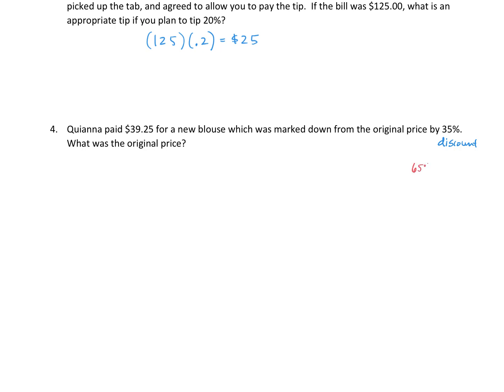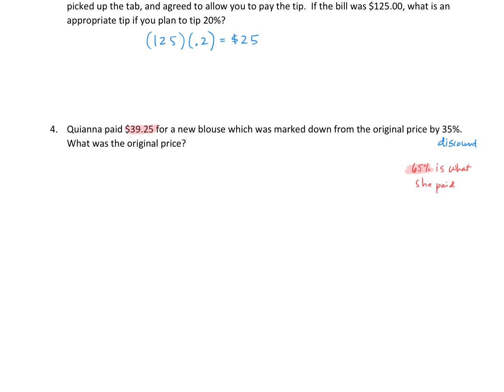So 65% is what she paid. $39.25 is the dollar amount she paid. So she paid $39.25 and she paid 65%. You want those to match because you don't have the original price.